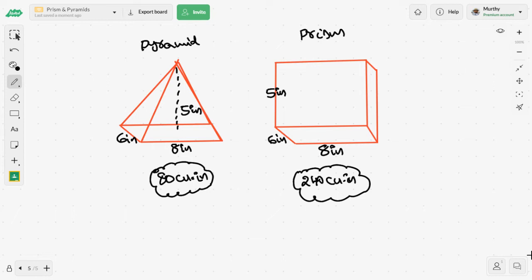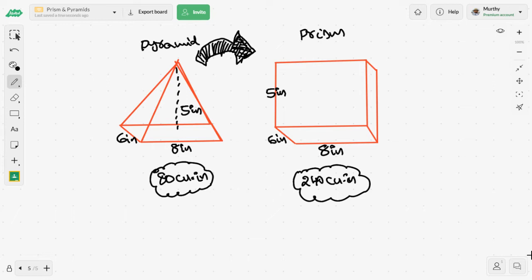Just assume that the pyramid is filled with some material, maybe sand or water. If you want to fill the prism, you have to take the material given to you and pour it 3 times, whether it is sand, water, or some grains.